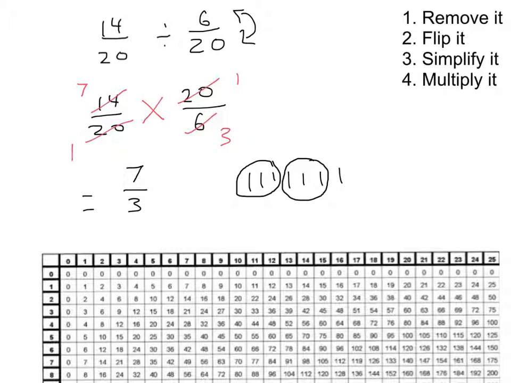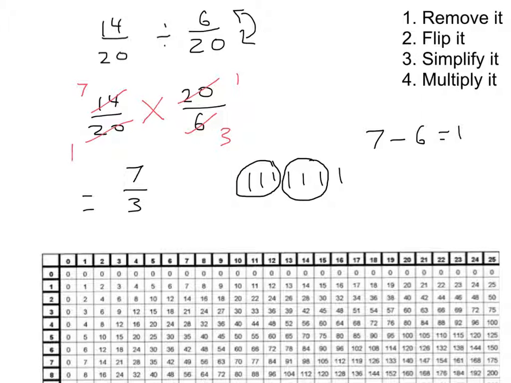So we've got 1 left over. So basically, what we're doing here is we're finding the multiple that's closest to the numerator. And then we find out what the difference is. So in this case, it'll be 7 minus 6 equals 1. So the remainder is 1.